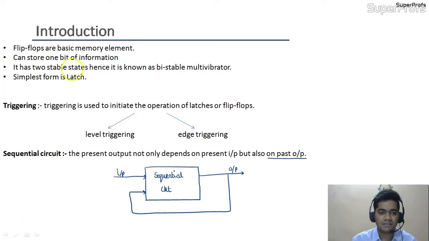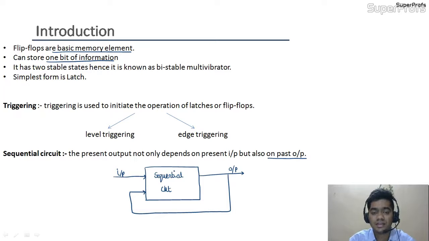So let's start with the introduction. First, flip-flops are the basic memory element. When we study flip-flops, we can see that we are able to store 1 bit of memory in a flip-flop. What is 1 bit of information?